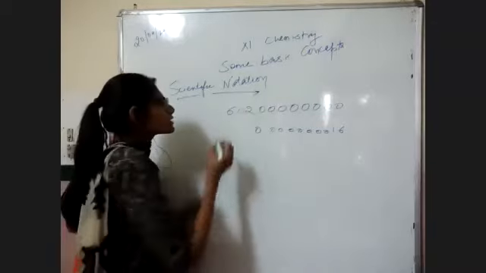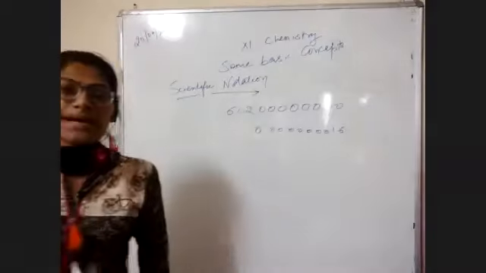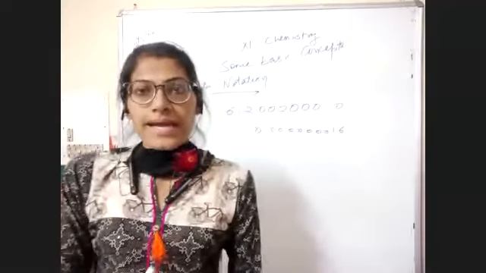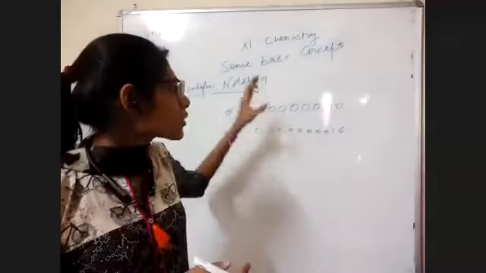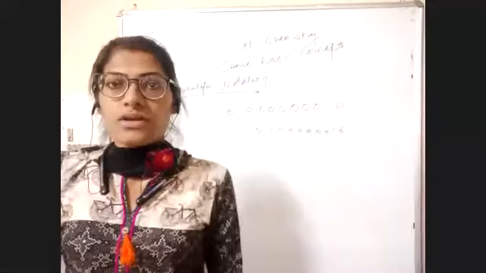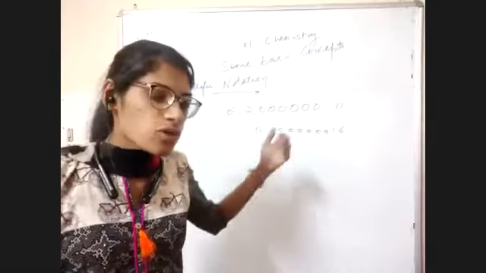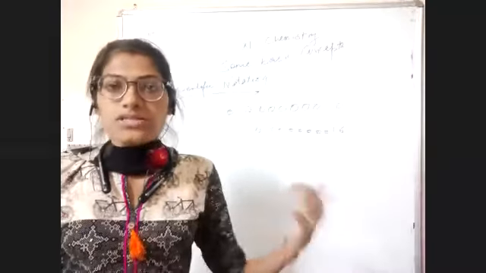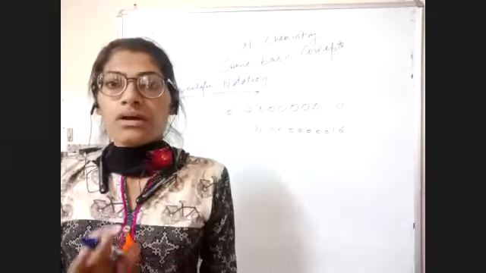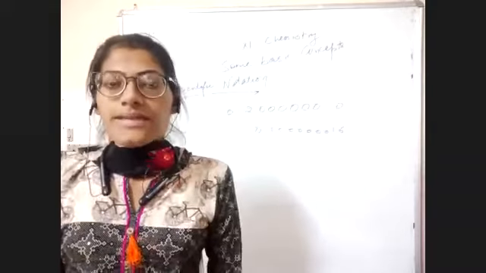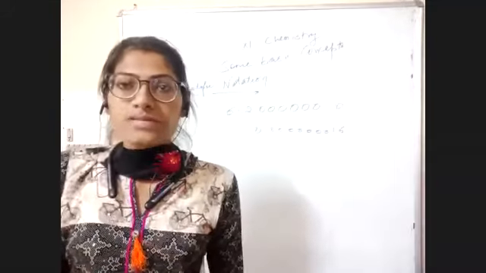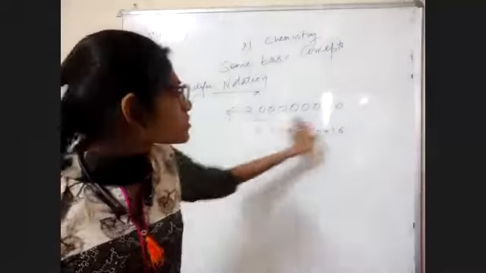These two examples make it clear that it would be very difficult to handle these old figures. If we are going to do addition, multiplication, subtraction, or any kind of operation on any kind of quantity, that would be very difficult for you as well as for everyone who deals with so many numbers.